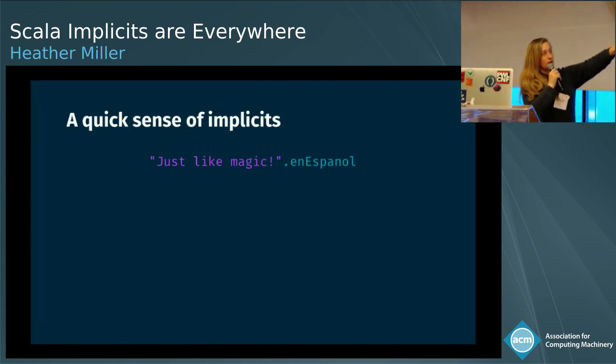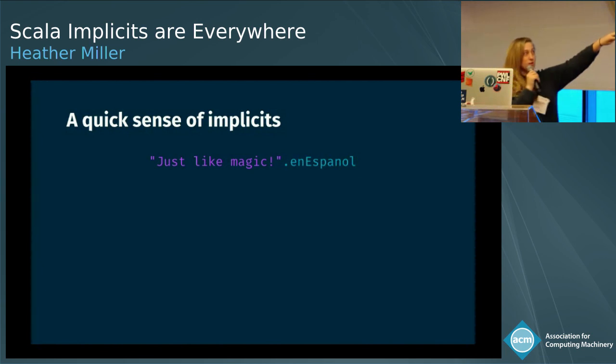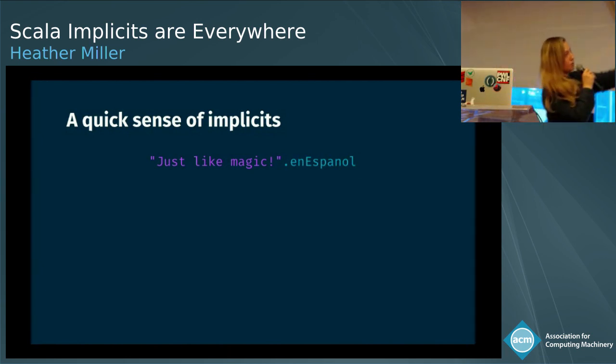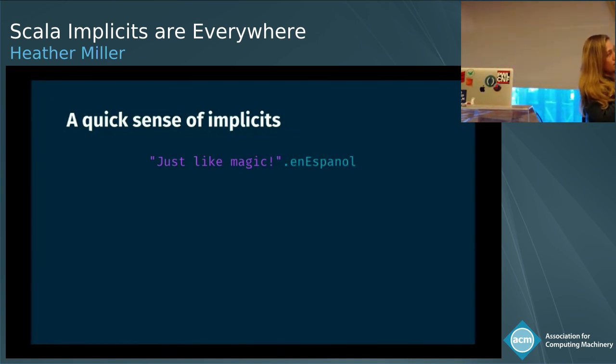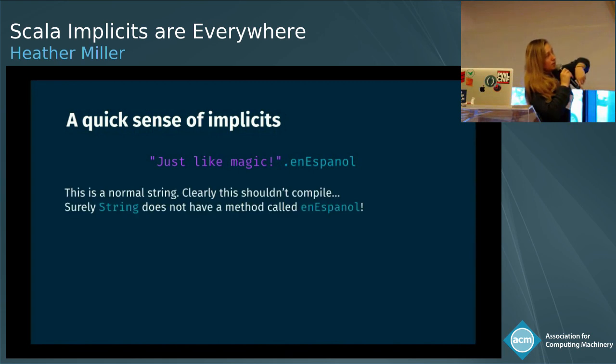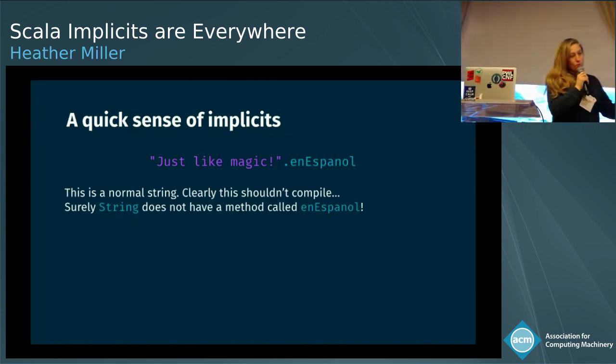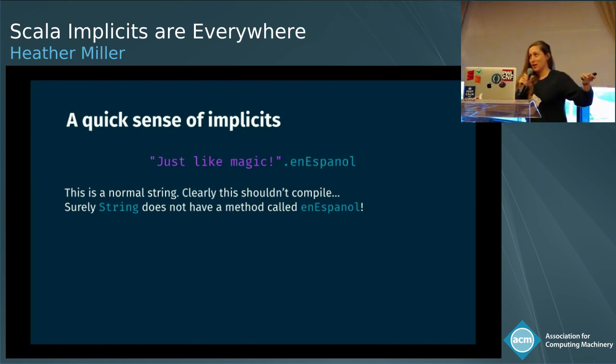And just to give you a sense of what these things look like, maybe you have a piece of code where you have a string, and then you say, okay, I'm going to call this en español method on the string. Clearly, that shouldn't compile because string doesn't have a method called en español. Normally, people don't put that method on implementations of string.